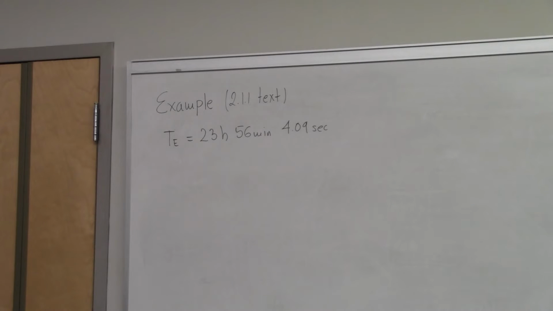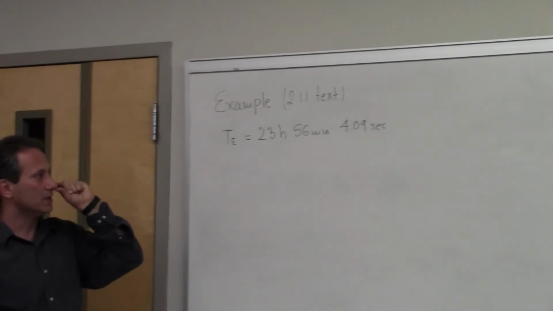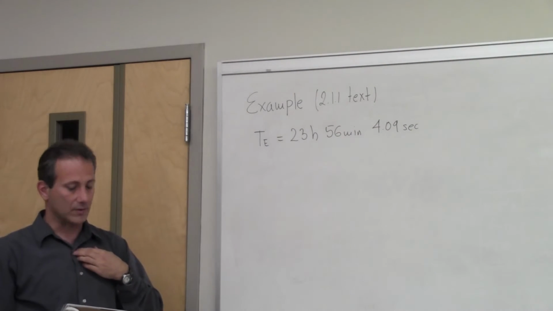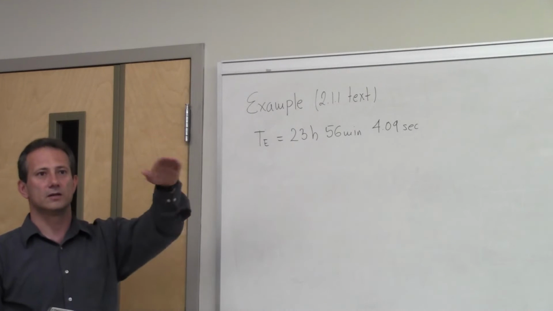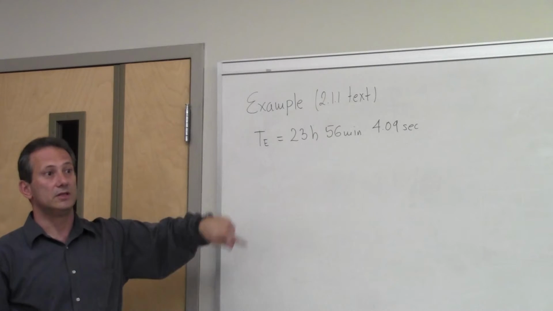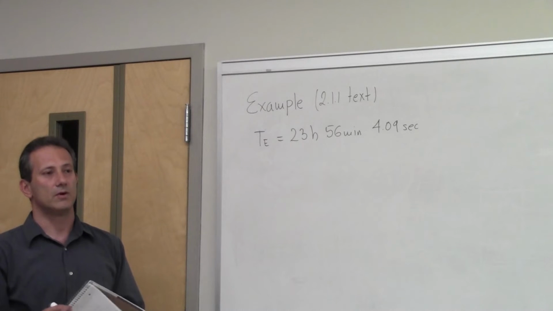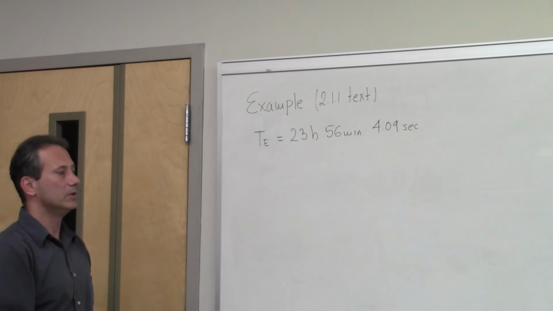So if this is the rotation time of the Earth, determine the radius to a geostationary satellite. How far does the geostationary satellite need to be so that it is completely synchronous with the Earth, so that we see it always at the same point in the sky?